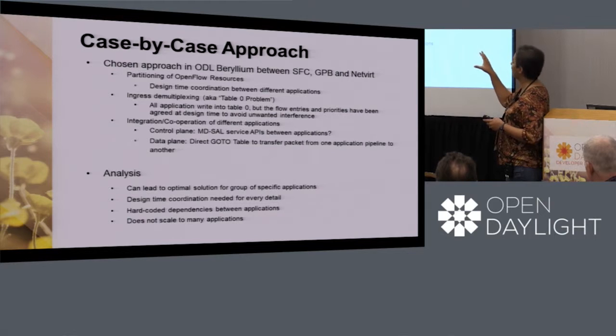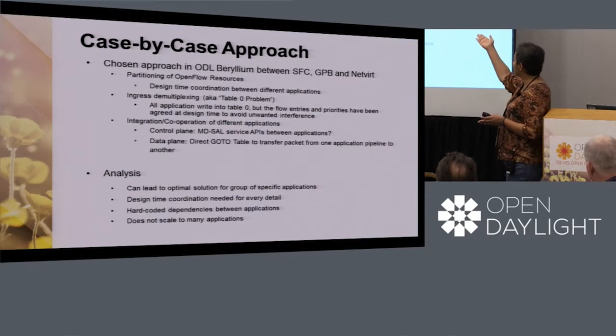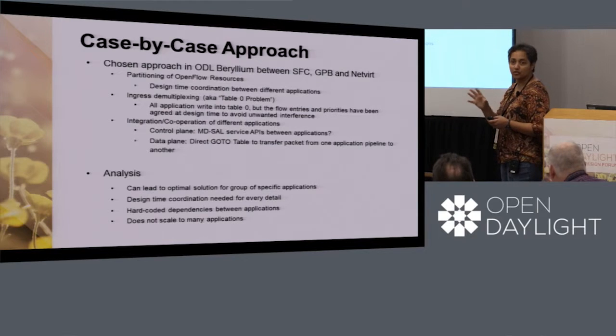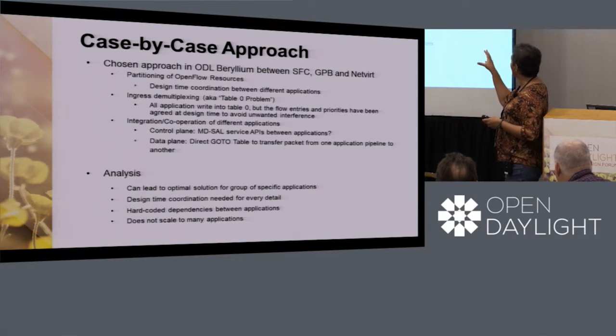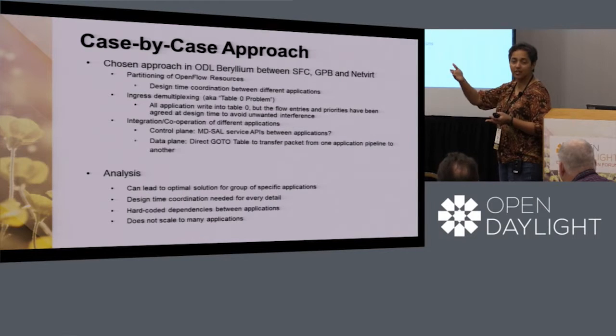Okay. So today, please correct me if this analysis is wrong, the way you see it is you have a design-level differentiation or partitioning of resources between different projects. For example, this is probably what you did for the SFC integration for OVSDB, right? And then you have a design-time coordination between the two services to figure out when packets need to be handed off to one pipeline versus the other, and on what basis.